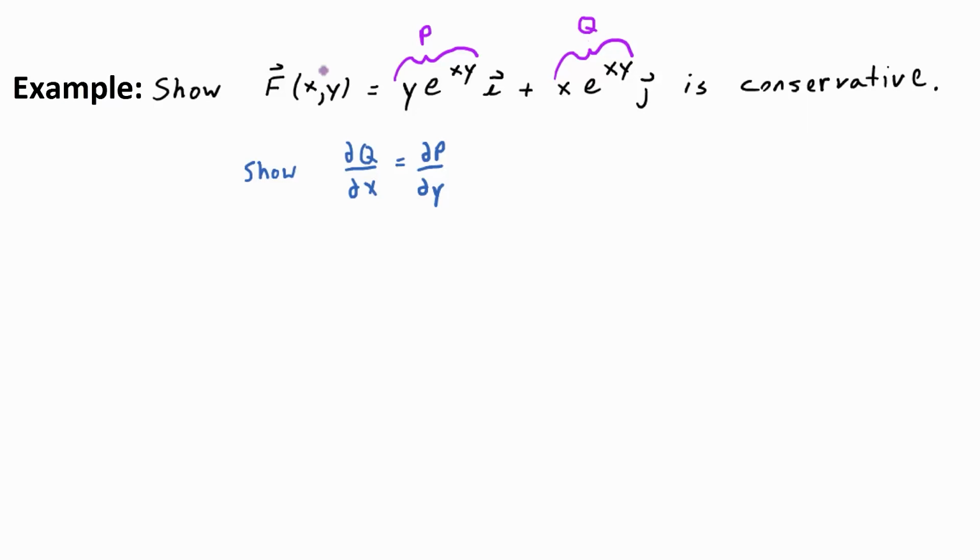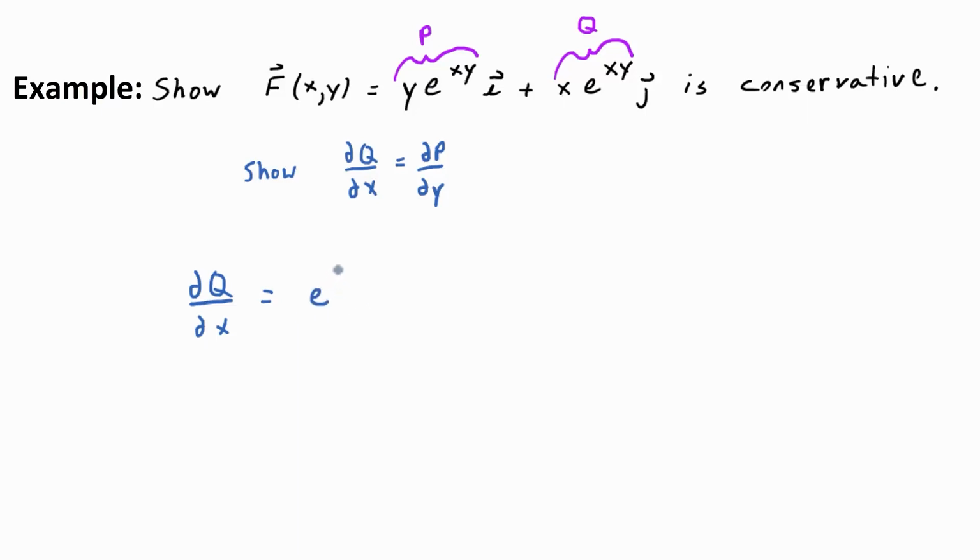Okay. So let's start with dQ dx. The derivative of Q with respect to x, so that's this guy. It's x times e to the xy. What rule do I have to use? The multiplication rule, the product rule. So let's call the first function x, the second function e to the xy. What would the derivative look like?